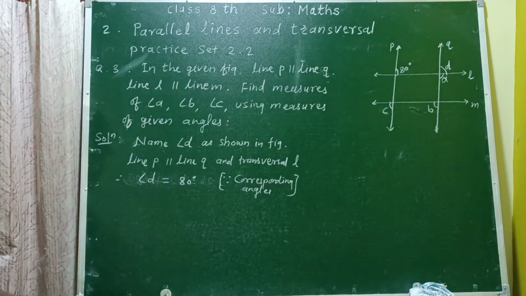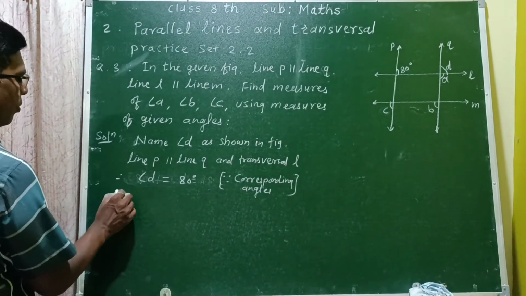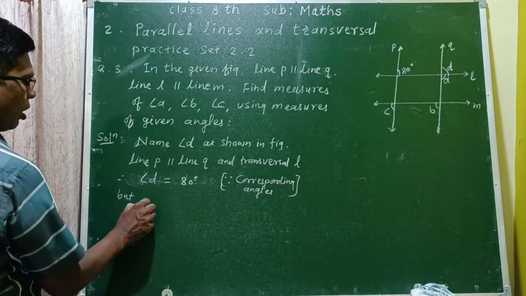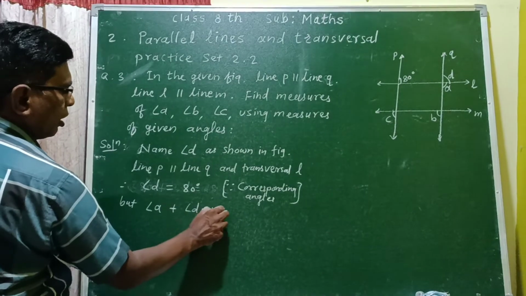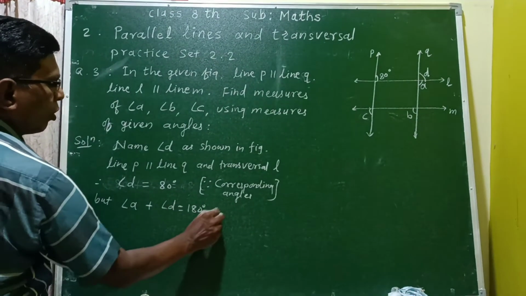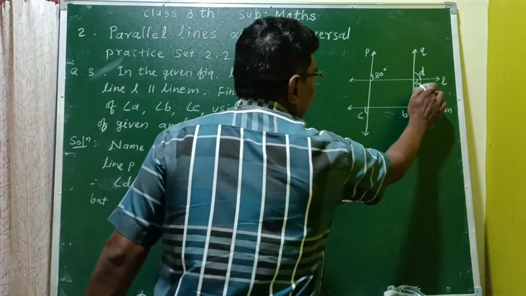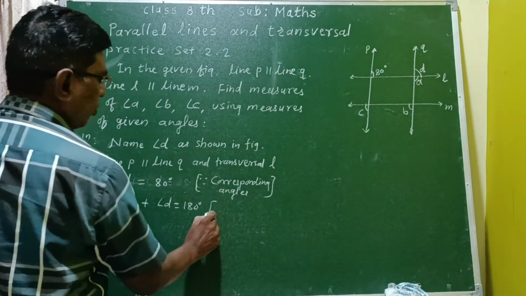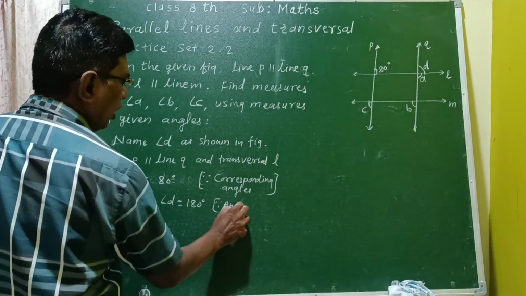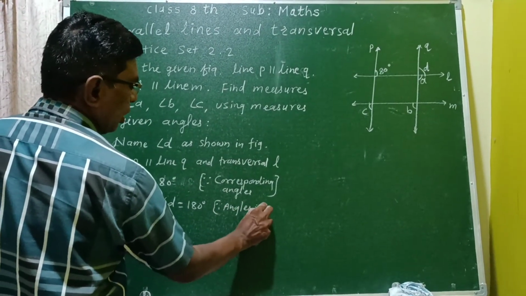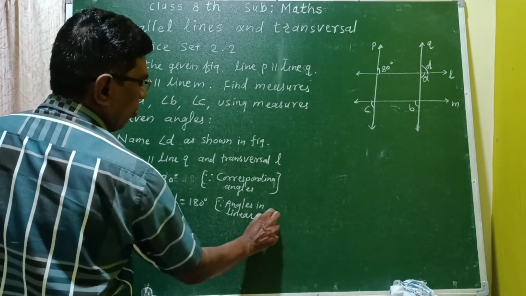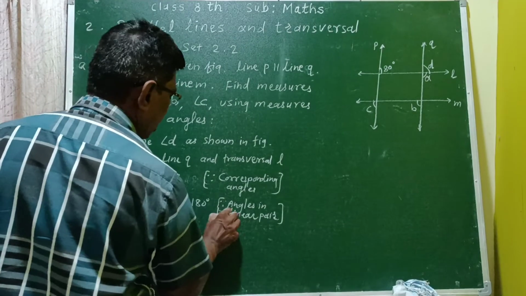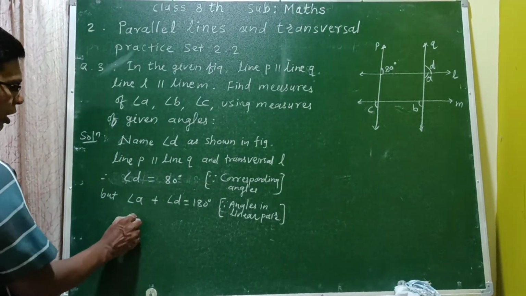D is equal to 80 degrees. Now A and D are angles in a linear pair. Angle A plus angle D is equal to 180 degrees because A and D are on the same line. Therefore, they are called angles in a linear pair, and the sum of these two angles is 180 degrees.